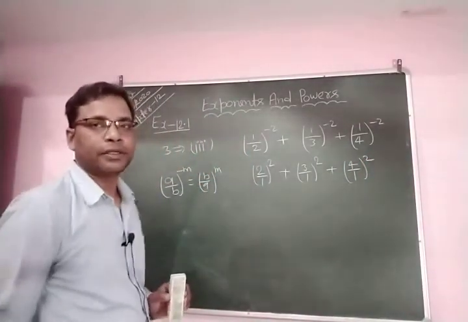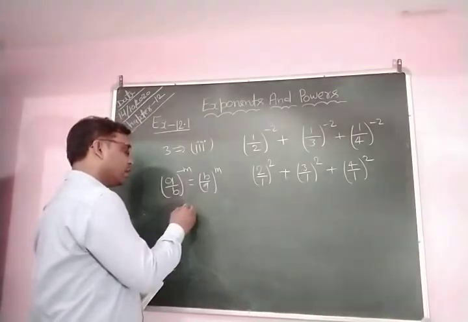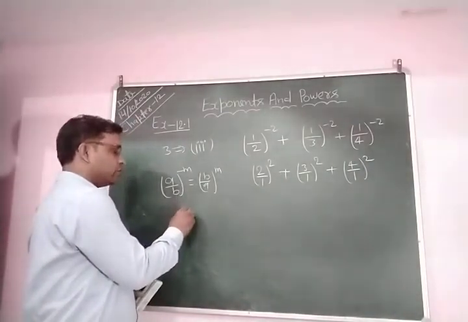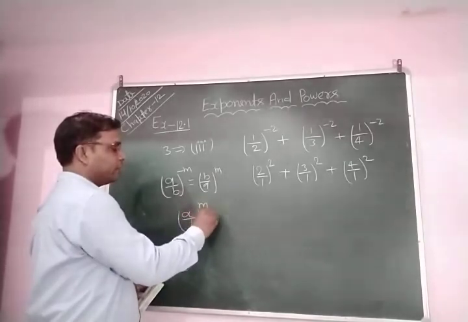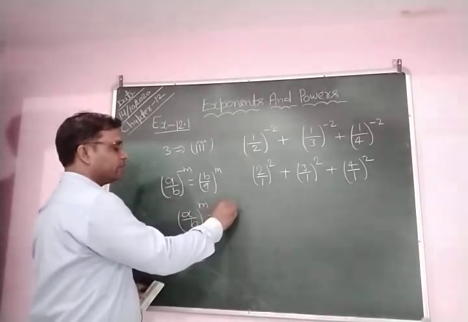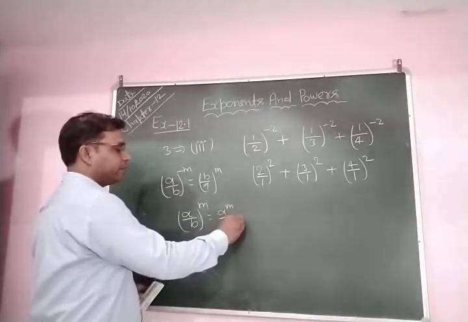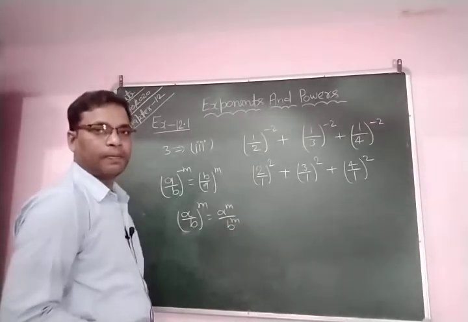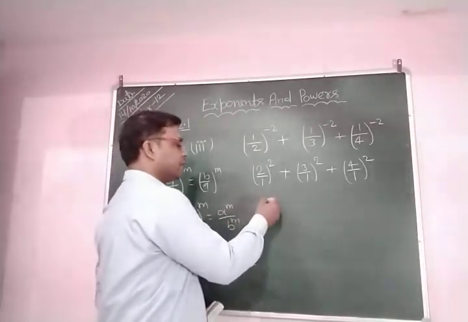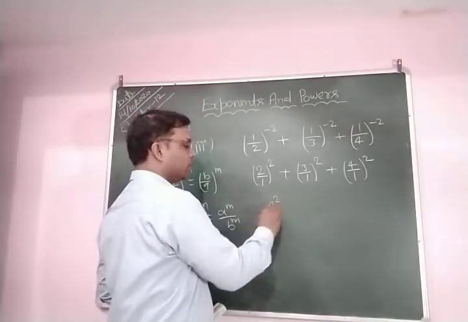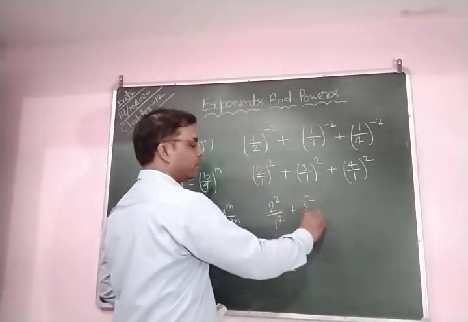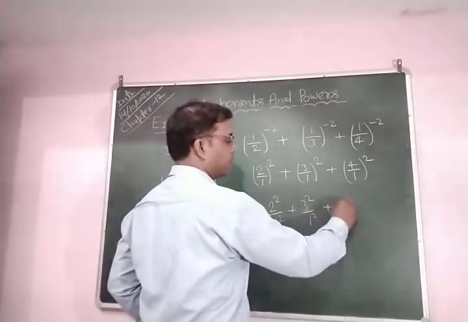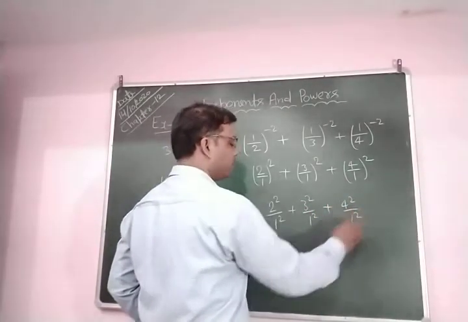This is clear now. And you also know very well, a by b whole power m, then you can write a to the power m by b to the power m. Okay? So also you can write here 2 power 2 by 1 power 2 plus 3 power 2 by 1 power 2 plus 4 power 2 by 1 power 2.